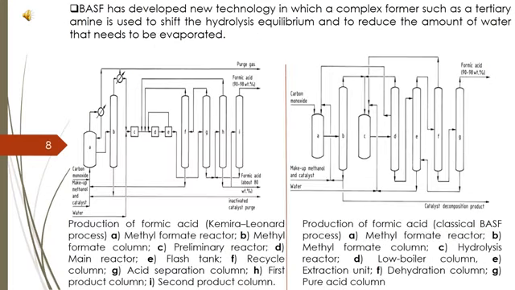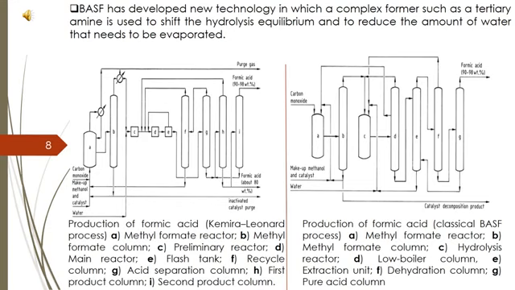So now we see that BASF has developed new technology in which a complex former such as tertiary amine is used to shift the hydrolysis equilibrium and to reduce the amount of water that needs to be evaporated.